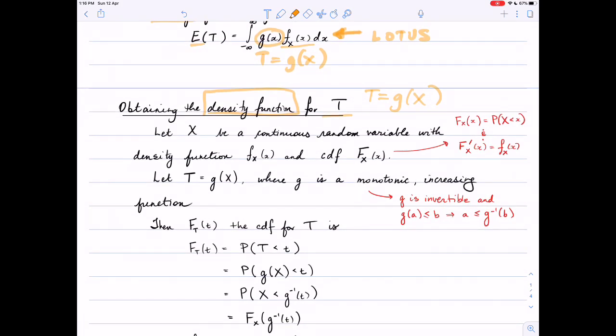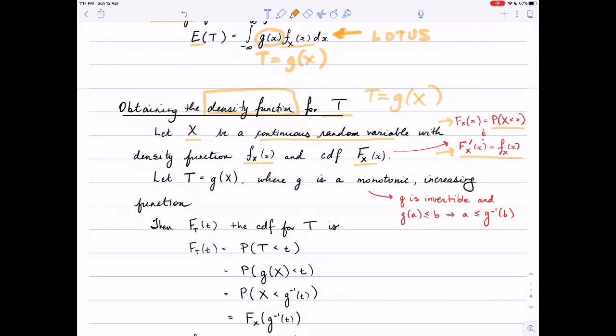Let's let x be a continuous random variable with density function f sub x of x and CDF big F sub x of x, which, as we said above, means two things. One, the CDF gives us the probability that big X is less than some small value x. And since big F, the CDF, is an antiderivative, the derivative of the CDF gives us the PDF.